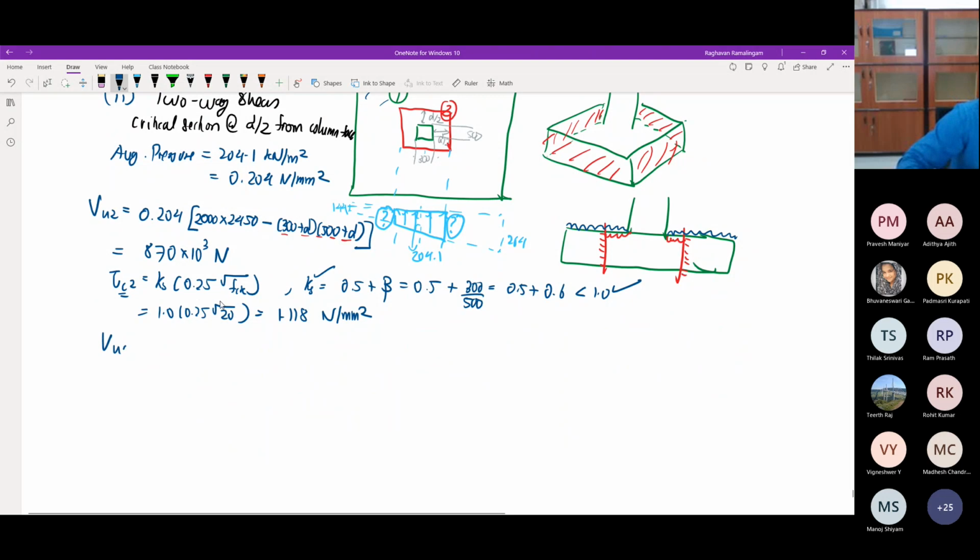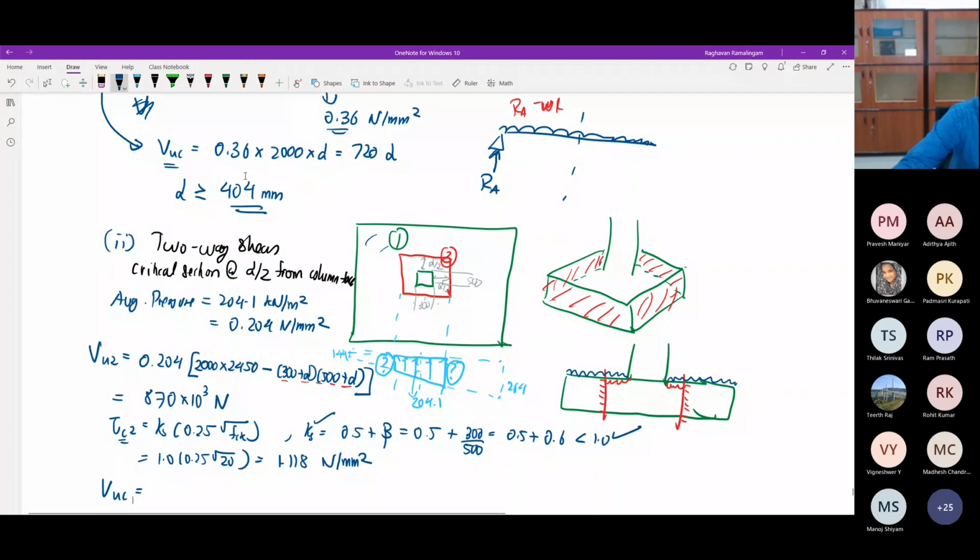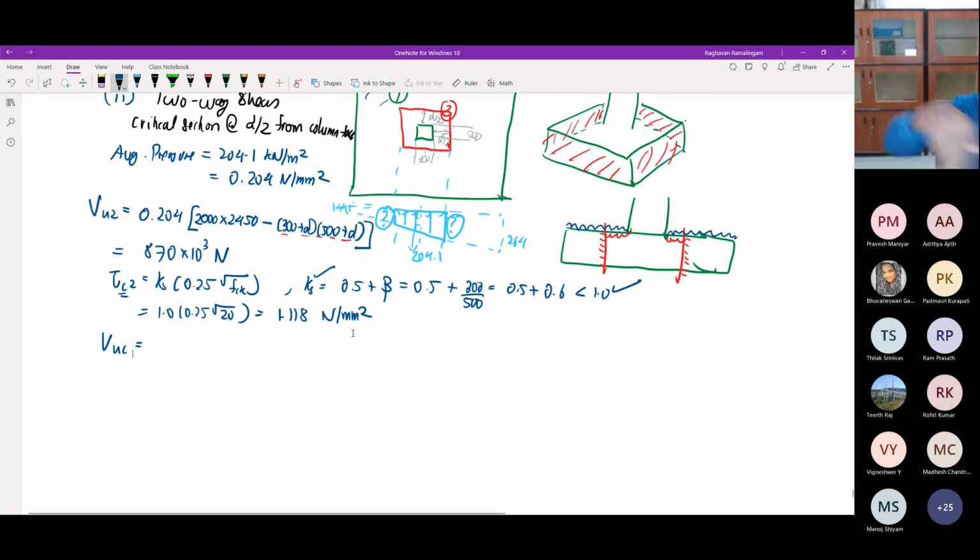So the shear resistance of the concrete, VUC, just like what I did over here, I have to use this tau c multiplied by the entire perimeter, I mean this area plus this area plus this area plus this area. All these 4 areas I have to add and multiply. So 1.118 times 300 plus D plus 500 plus D. There are 2 such faces: one 300 plus D face, another 300 plus D face, one 500 plus D, another 500 plus D face.